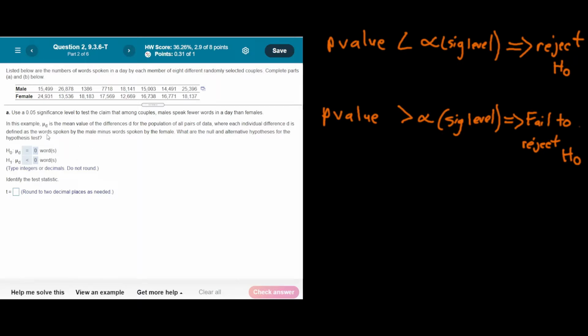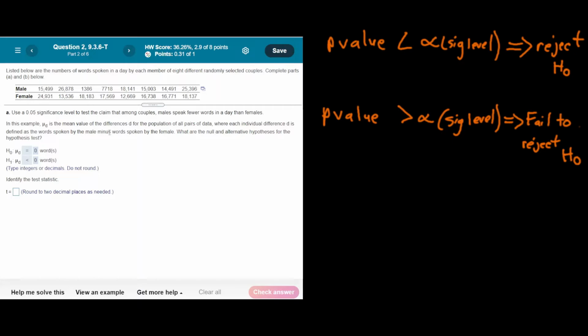Anyway, they want you to put the symbolic notation according to males speaking fewer words than females. The males came first and then the females second. As you can see, the males are speaking compared to the females are speaking. Oh, there's a chatter box right there. Oh no, never mind.